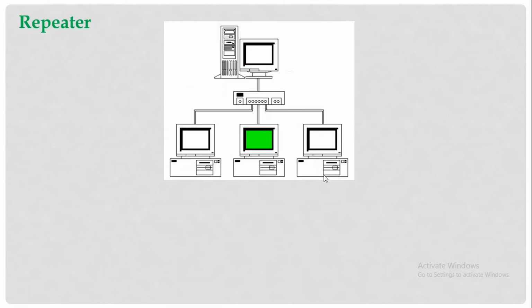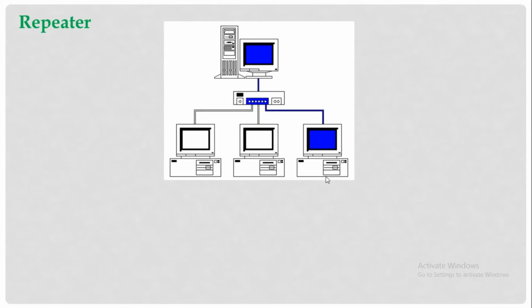And the next device is the repeater. The repeater is the same as a hub. What we said about the hub, that it is a non-intelligent device, we are going to say the same thing about the repeater. The repeater is also a non-intelligent device. So why is it used in the network? Whenever the data has to be transmitted over a long distance through a wired medium, the data at some point may get weakened.